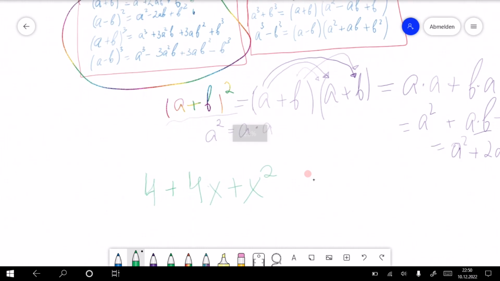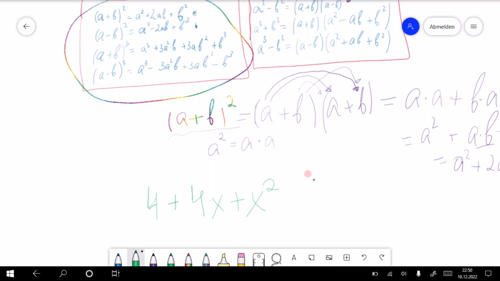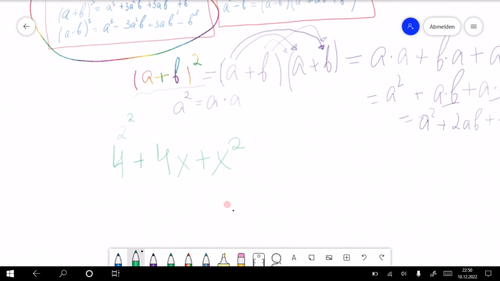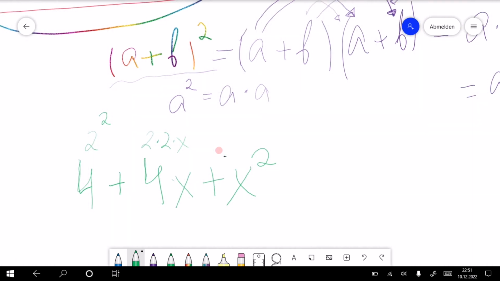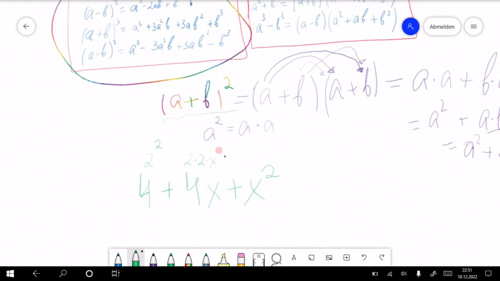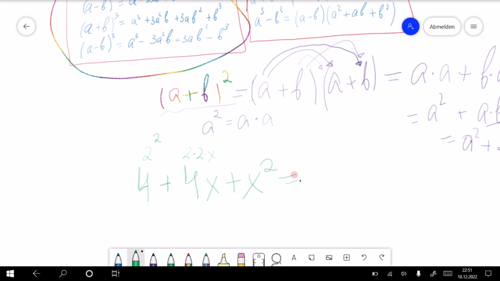You really need to have the ability to see the formula square of sum. 4 is 2 squared. 4 times x is 2 times 2 times x. And x squared is x squared. And it is our formula of square of sum. And we can write it as 2 plus x squared.